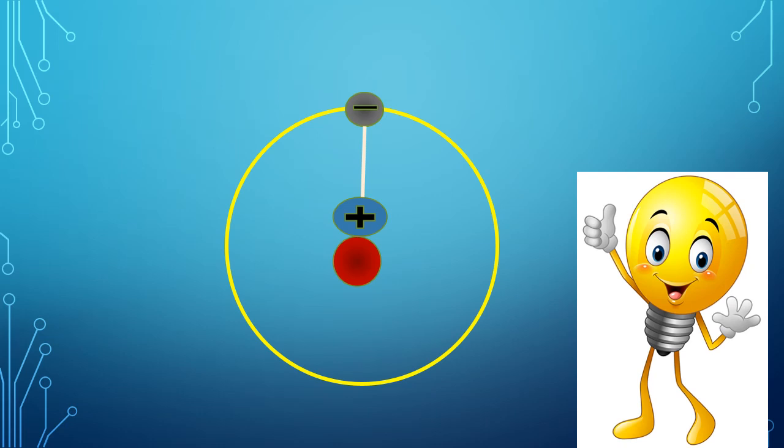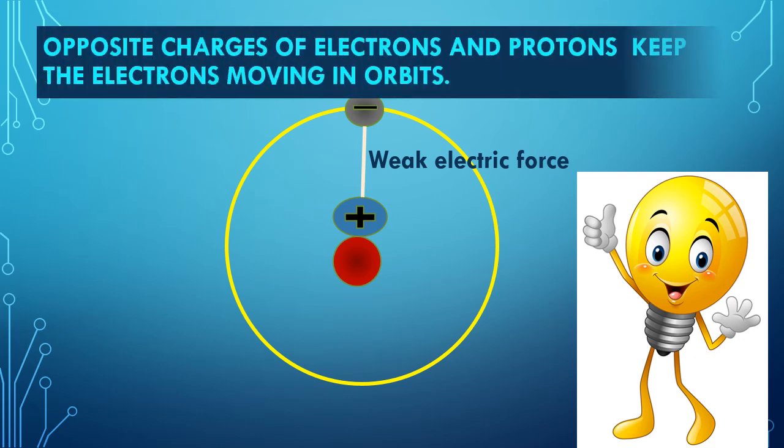This pull between the negatively charged electrons and positively charged protons is called weak electrical force. This force always exists there. Whenever a free electron gets close enough to a lonely proton, they become part of the same atom. That's why the opposite charges of electrons and protons keep the electrons moving in the orbit.